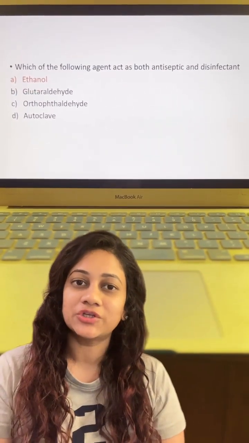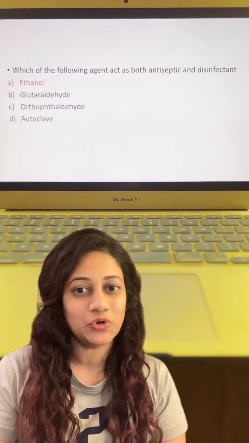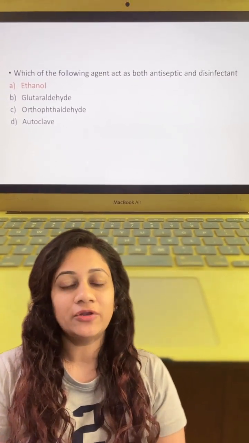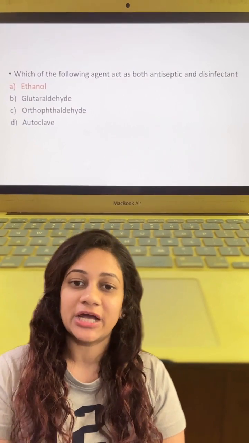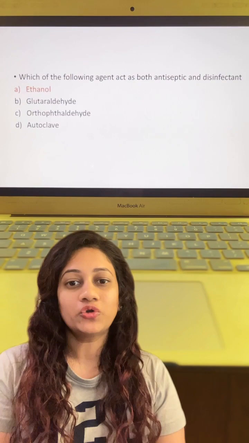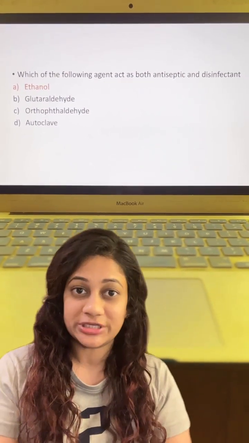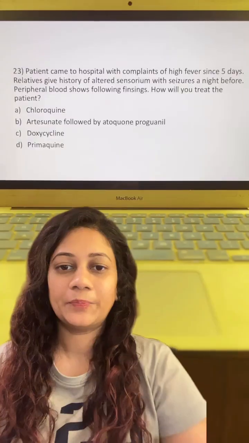So you see, ethanol acts both as antiseptic and disinfectant. With this example, you will not forget it. Glutaraldehyde and orthophthaldehyde, on the other hand, are highly irritant, and that is why they cannot be used as both. Autoclave does sterilization, so that is completely out of the picture in this scenario.